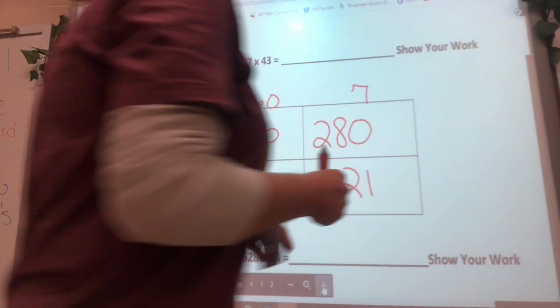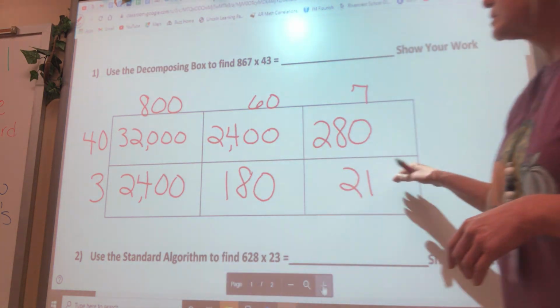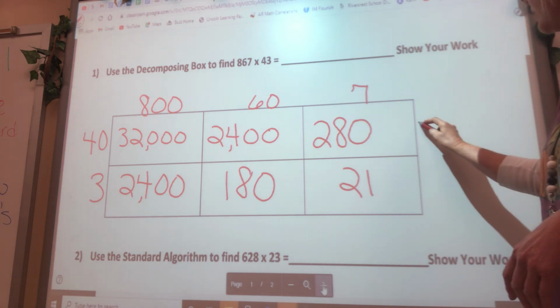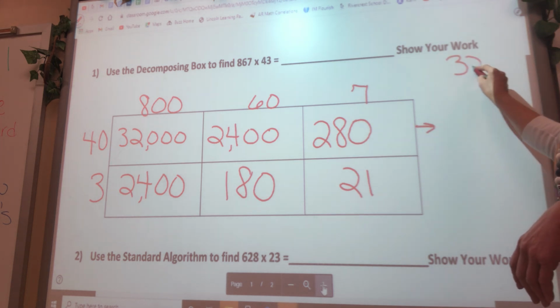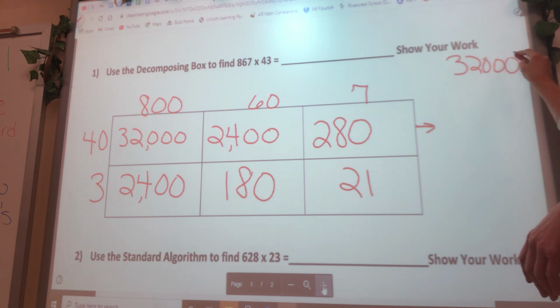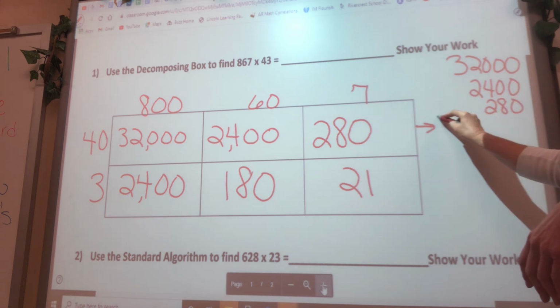Okay, and now that we have all of our partial products in our decomposing box, we can just add those together. So for our top row, we have 32,000, we have 2,400, and we have 280.